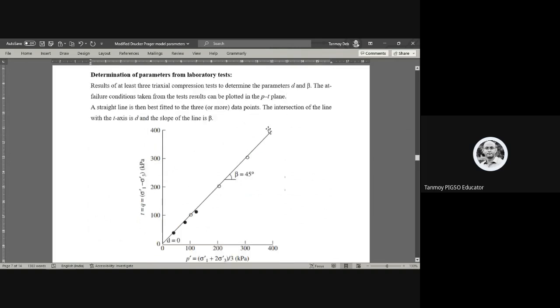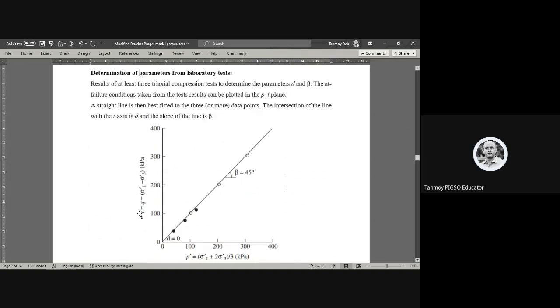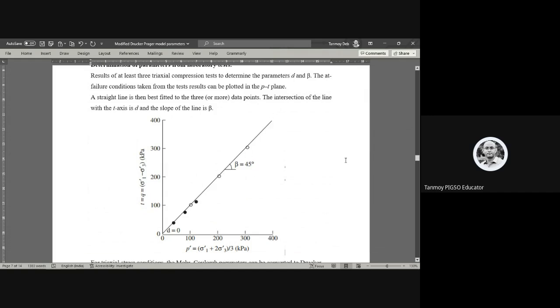So when you plot this in PT space based on the triaxial tests, either compression test, CD or CU test, you'll be getting the points. Wherever the intercept is in PT space, that will be d, and the angle of slope of this line would be beta.